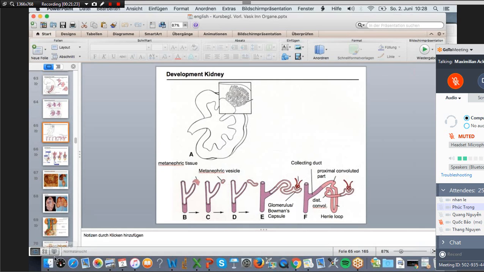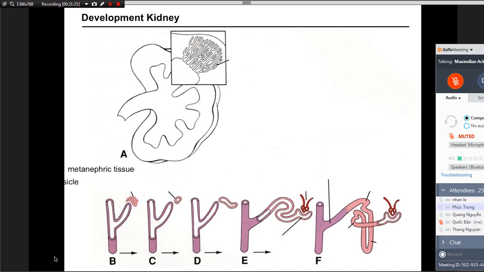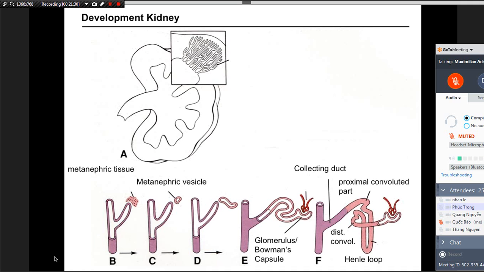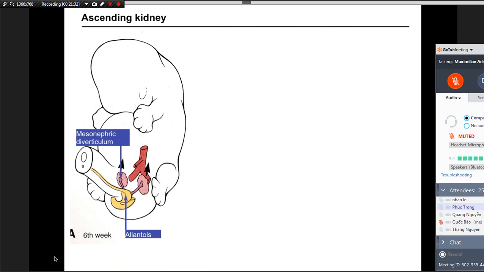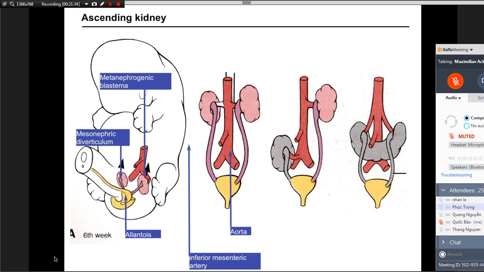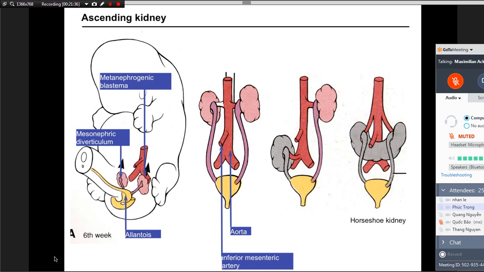I just mentioned that you have the collecting duct, the convoluted part, and the ascending of the kidney. You see that you have an uprising of the kidney on both sides. But what they have to do is cross the blood vessels there.